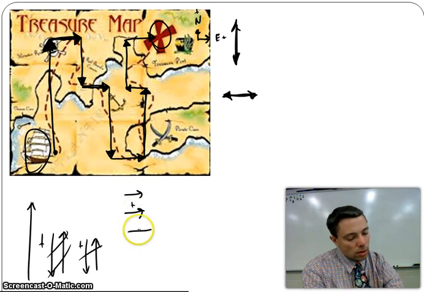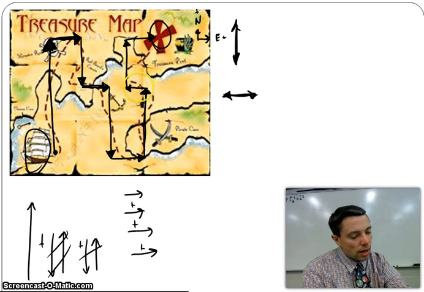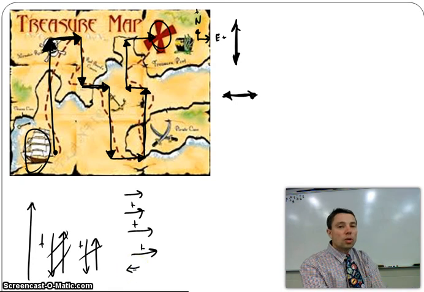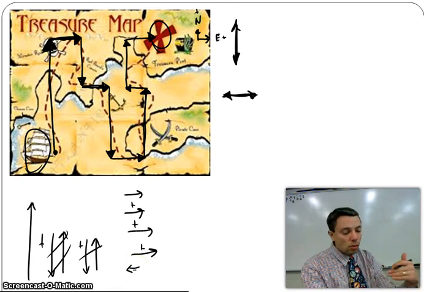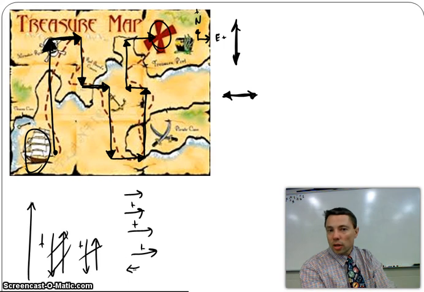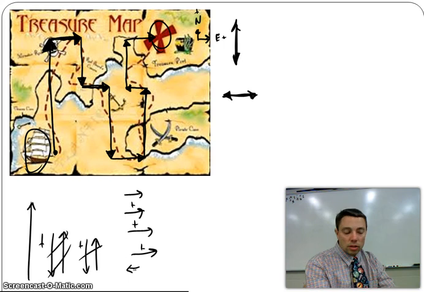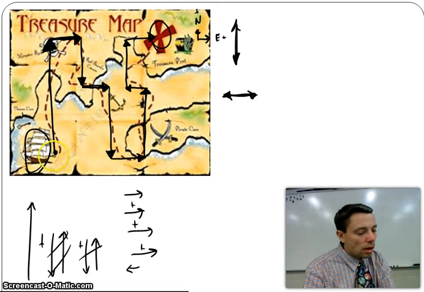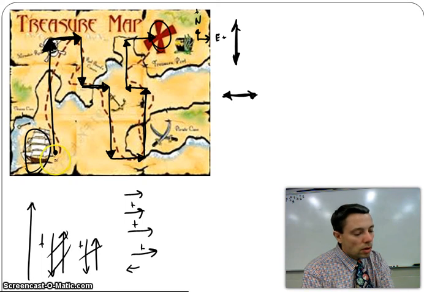I have another arrow that goes this way, I add the magnitudes of that, I have another arrow that goes this way, okay, I add the magnitude of that, and then I have this one little arrow that goes back this way, and I would end up subtracting that because, again, the arrow is going in the negative direction. So arrows going in the positive direction are going to add, arrows going in the negative direction are going to subtract.